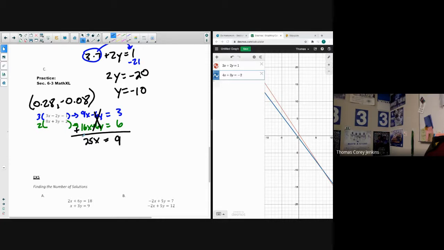Let's see, I did something wrong there. 9x minus 6y equals 3. 16x plus 6y equals 4.